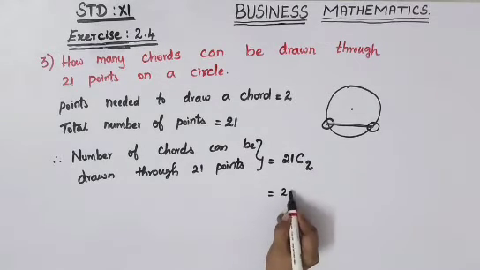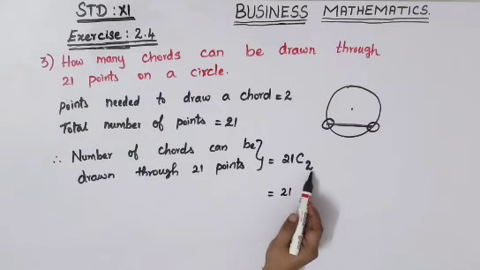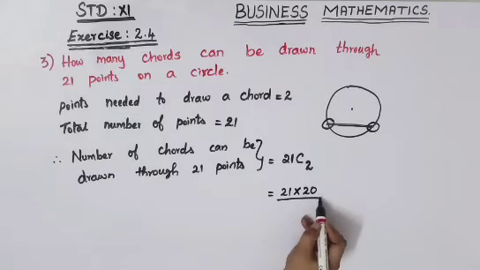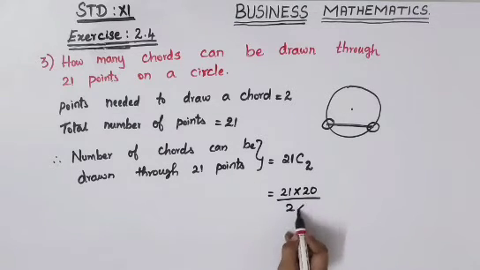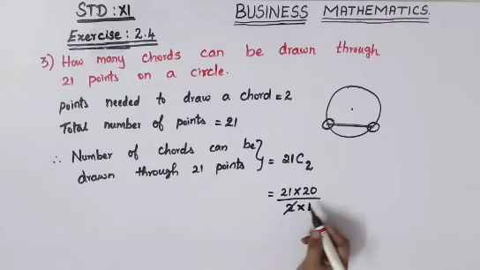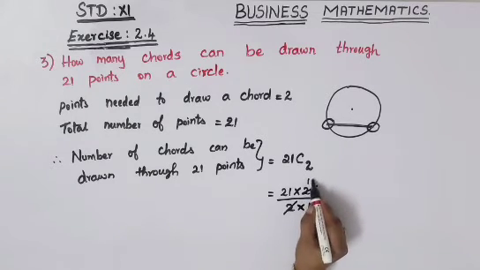Okay, 21, start with 21. 2 is there. So 2 consecutive numbers you'll have to write. So 21 into 20 divided by, start from this 2. So 2 into 1. Either you can use this method, otherwise do with your formula. Okay, NCR formula, you get that also answer also. So here 2 and 20 you can cancel, you will get 10.